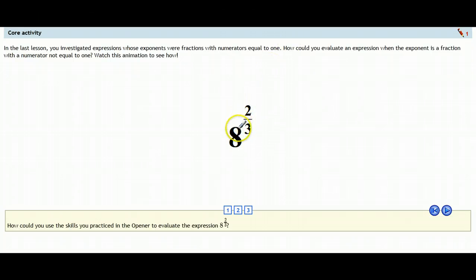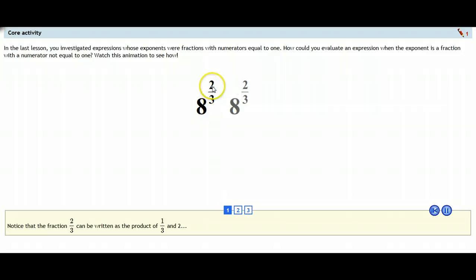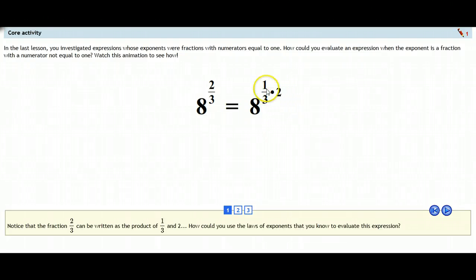Well, basically we're going to use the same skills that we used in the opener to evaluate this expression. Now, in the opener we said that 8 to the 2/3 can be rewritten as a product of 1/3 times 2, because 1/3 times 2 would bring us back to 2/3.